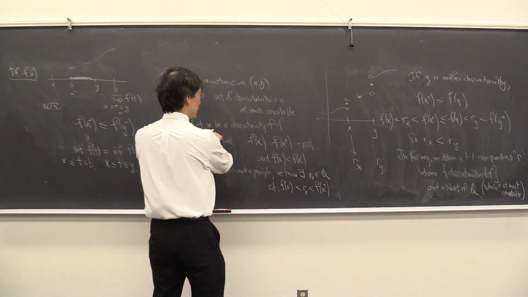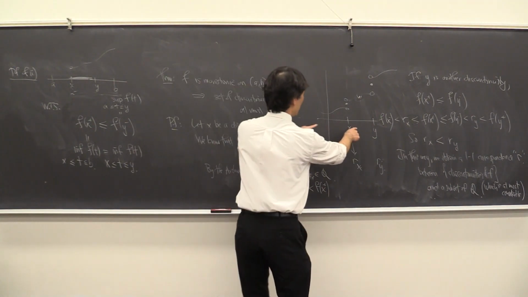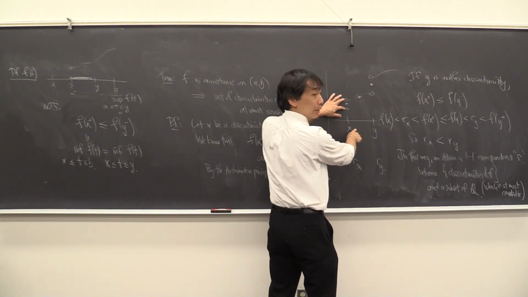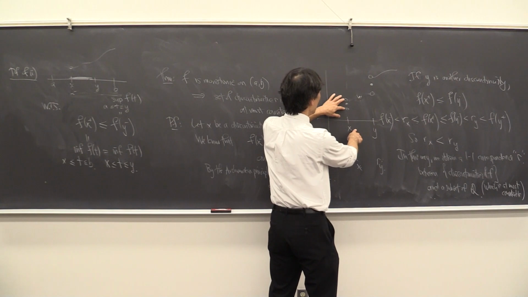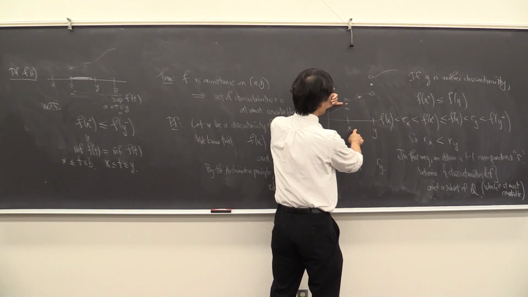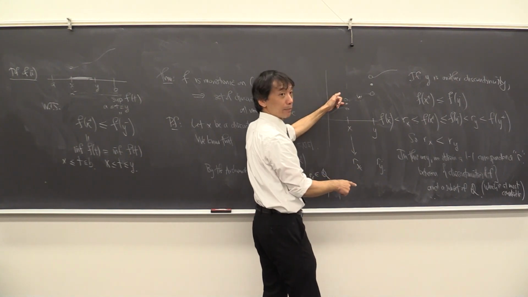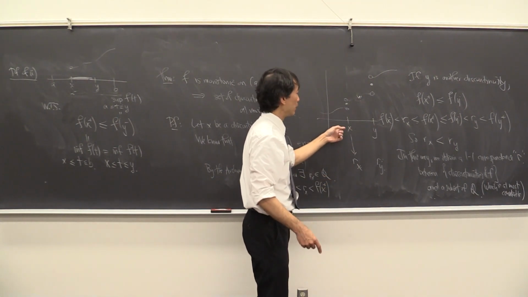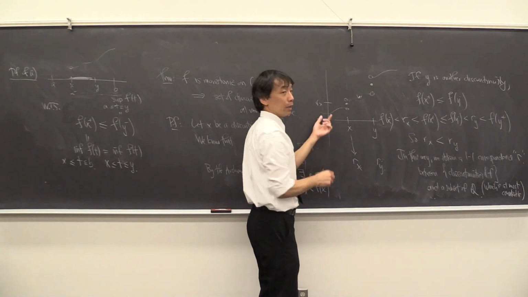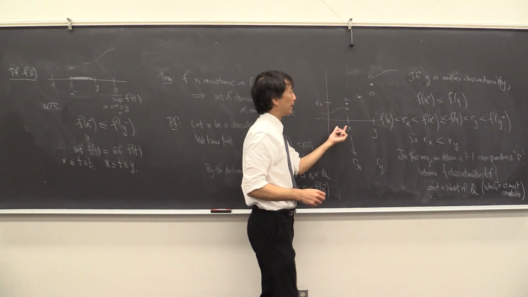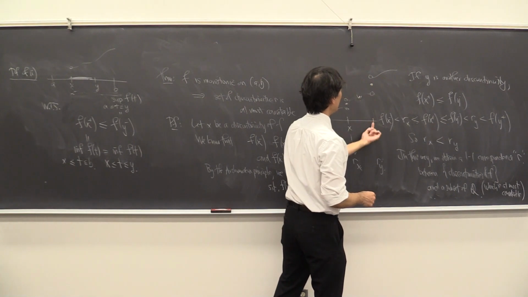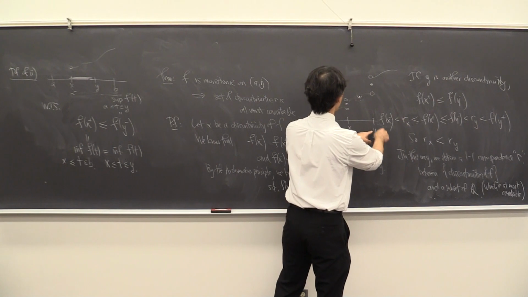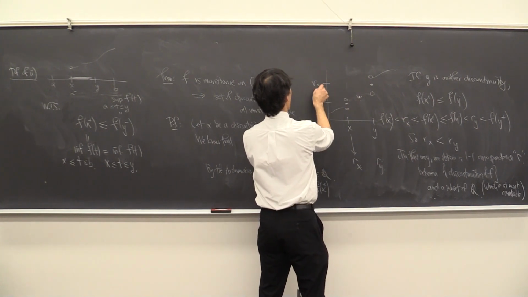So given a discontinuity, we look at the left and right limits and choose a rational number between them. Okay, and that is our map. x goes to R sub x. Okay, so we do that for every discontinuity. We have some other discontinuity, we're going to get R sub y there.